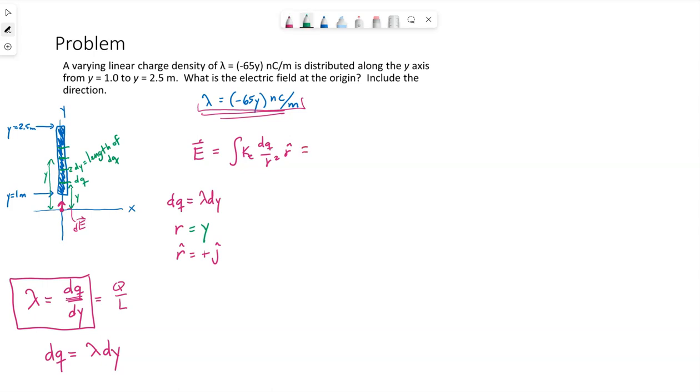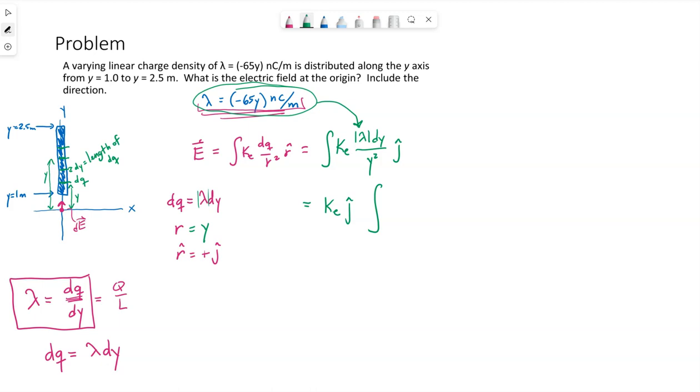Now we do want to be careful with signs, so I am going to substitute this in as the absolute value of lambda dy. Lambda is its own function, so we need to substitute that in as well. I already know the k is a constant, j hat is a constant. I'm going to pull those out.